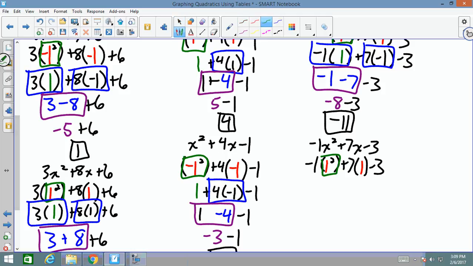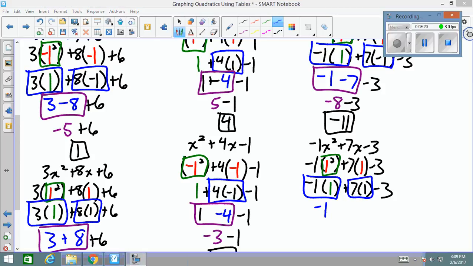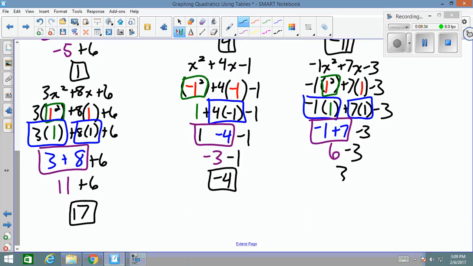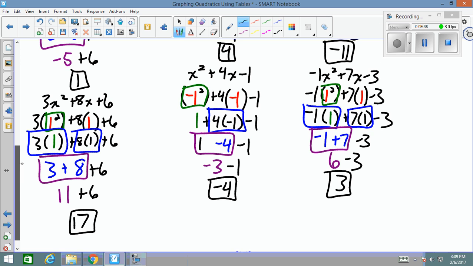So 1 squared is 1. And all your multiplications, negative 1 times 1 is negative 1. 7 times 1 is 7. Then the minus 3. Add and subtract, so negative 1 plus 7 is 6. And 6 minus 3 is 3. So when x is 1, our y is 3.